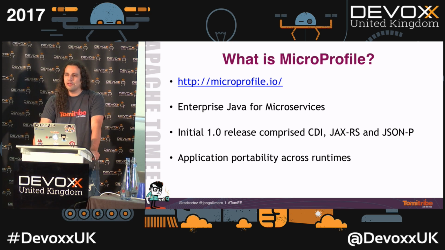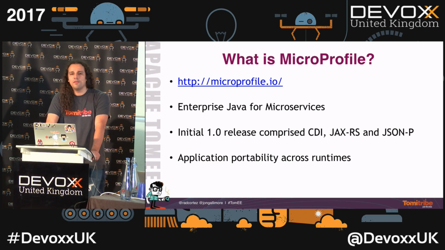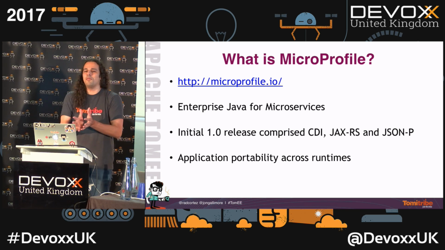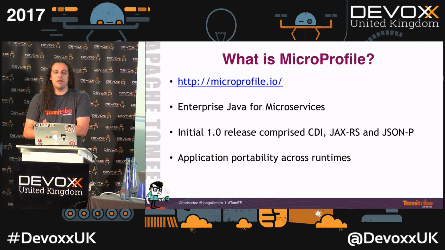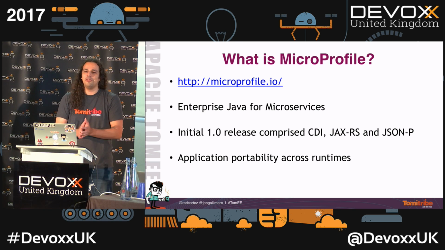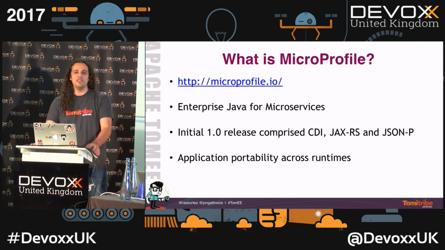We already have the release that's 1.0, and it comprises CDI, JAX-RS, and JSON-P. So why only those three specs? Because that's the least amount of specs that you require to actually build a microservice. Most of the times when you build a microservice, it's only a JAX-RS endpoint with some injection on it, and then you're returning JSON.